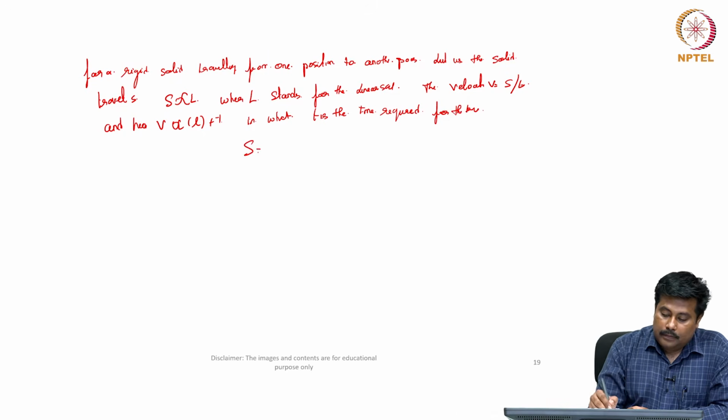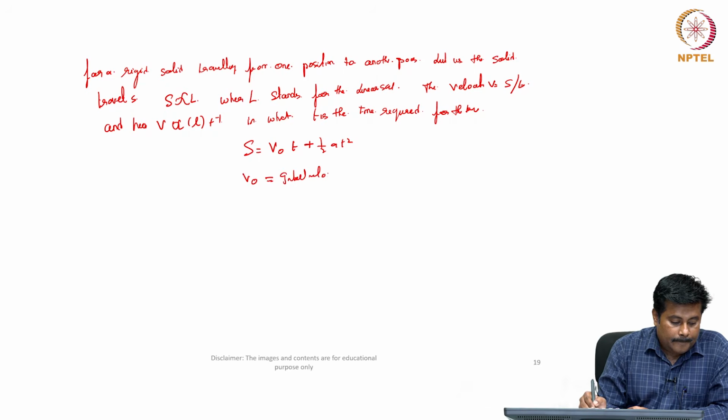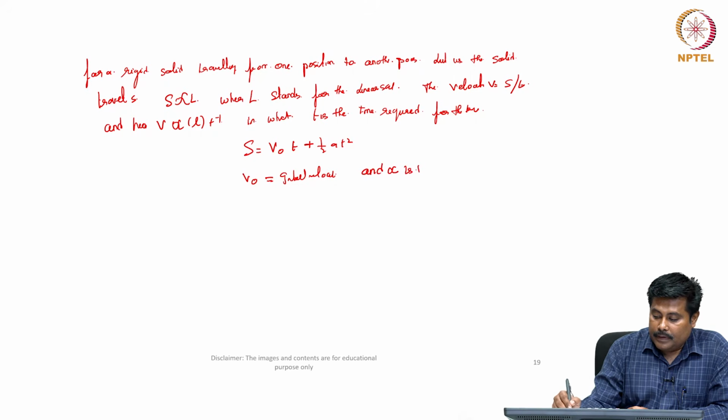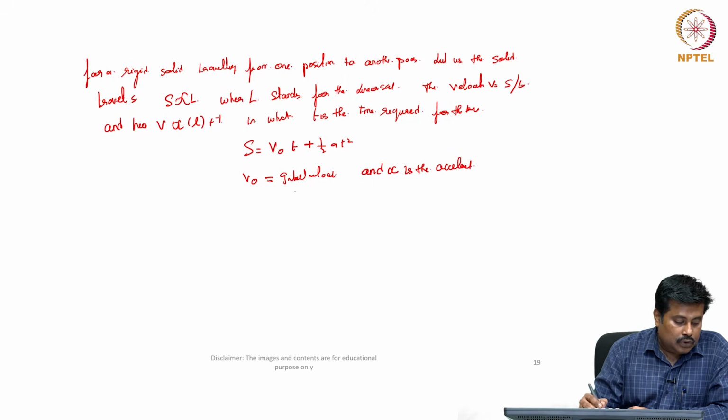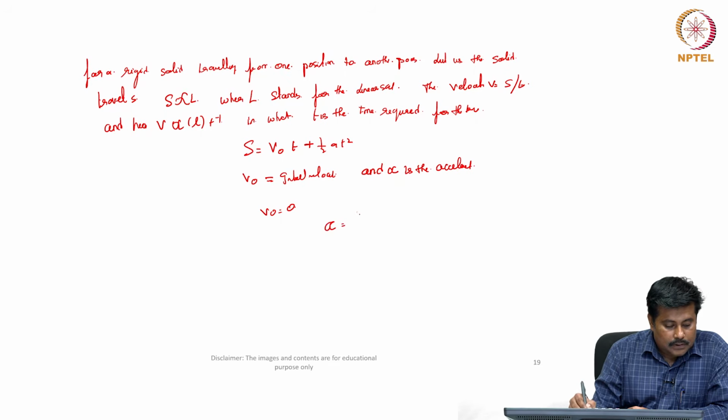So, overall, once we consider S equals V naught T plus half alpha T square, where V naught is the initial velocity and alpha is the acceleration, V naught equals 0 and alpha is 2S by T square.